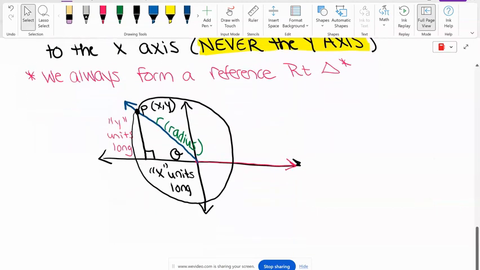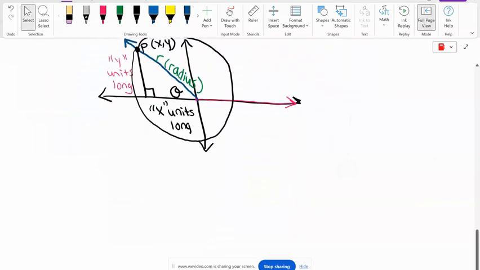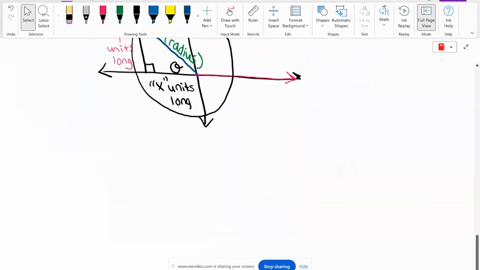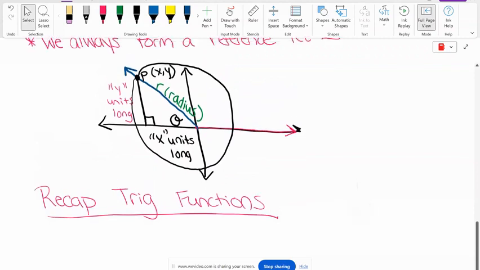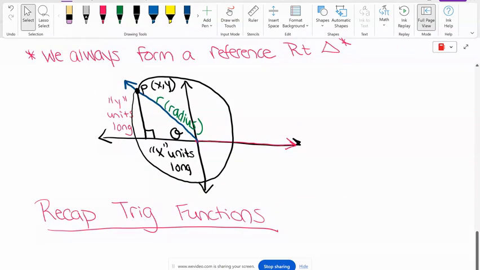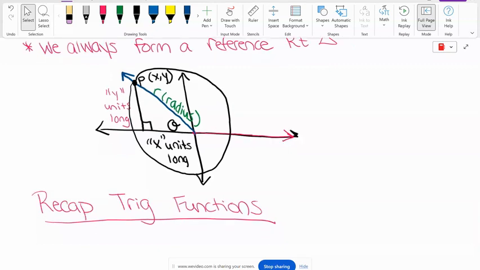All right, we're going to put this on the side burner for a minute and recap our trig functions. Did everybody get the triangle circle? Anybody still copying that? Okay.